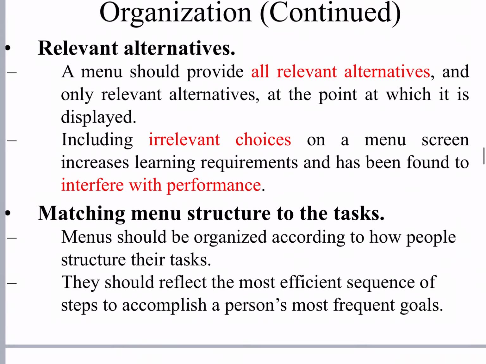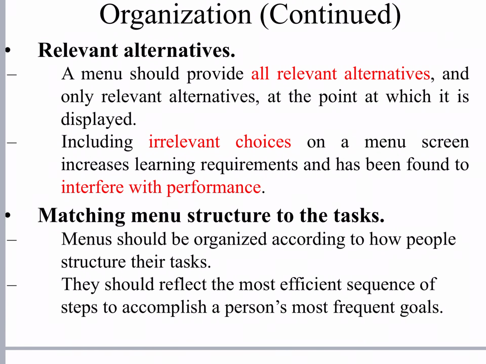Now, when it comes to relevant alternatives, a menu should provide all relevant alternatives so that at some point they will be displayed. If irrelevant items are included, the menu screen will increase the learning requirements, where the time will also be wasted and the performance will go down.